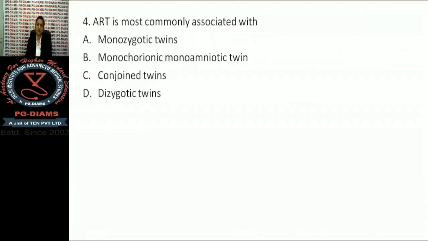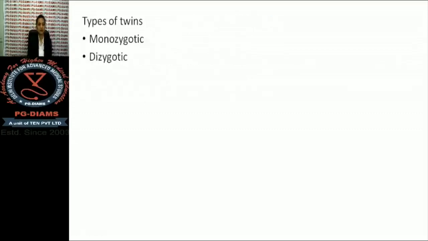Now coming to another question on artificial reproductive techniques, ART is most commonly associated with which kind of twins? Now there are 2 kinds of twins, basically based on the number of zygotes they are derived from. There is monozygotic and then there is dizygotic.